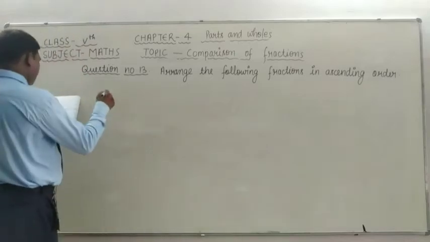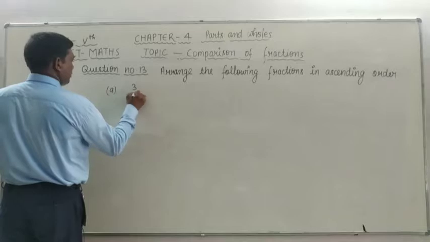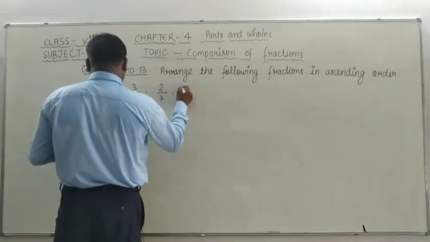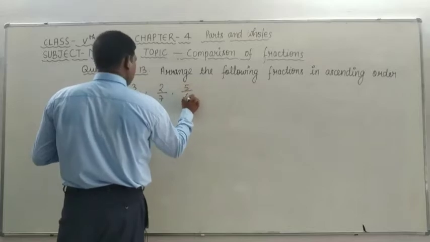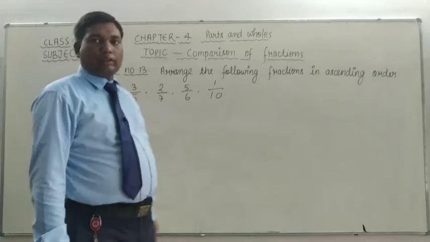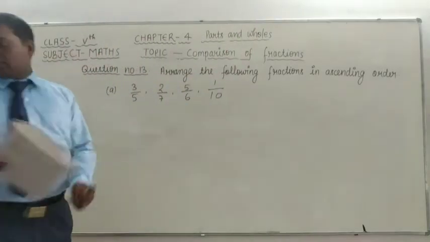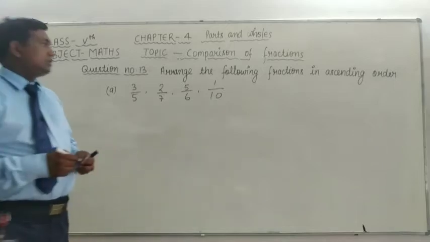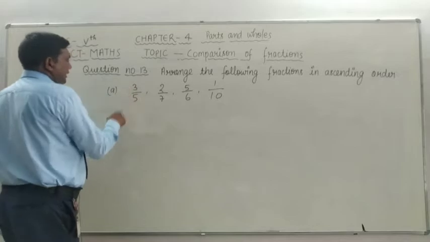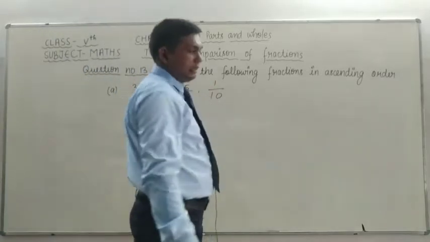Okay students, here given that question number 13 of A is 3 over 5, 2 over 7, 5 over 6 and 1 over 10.